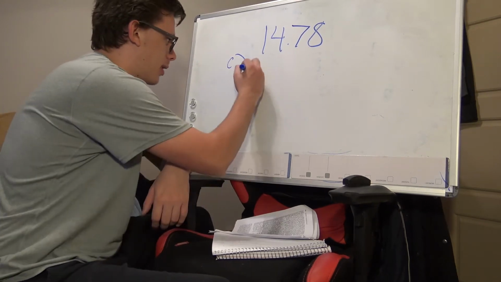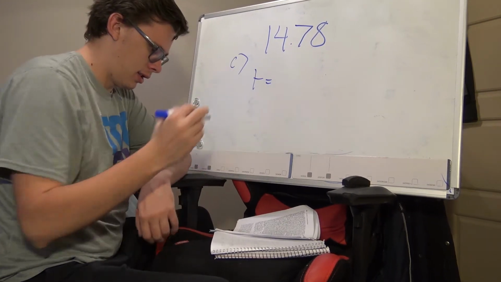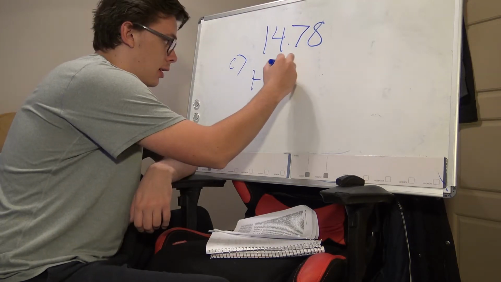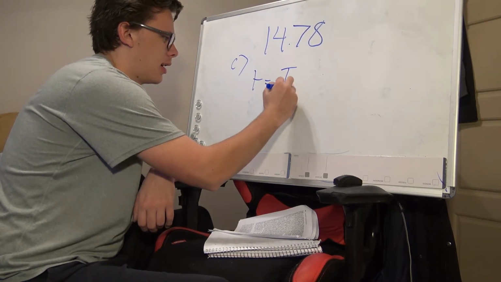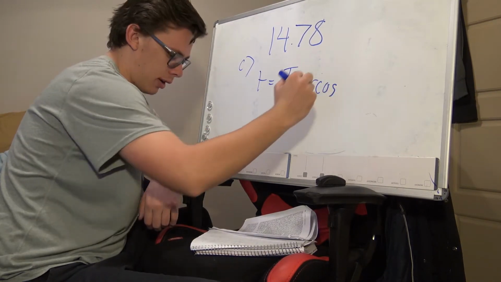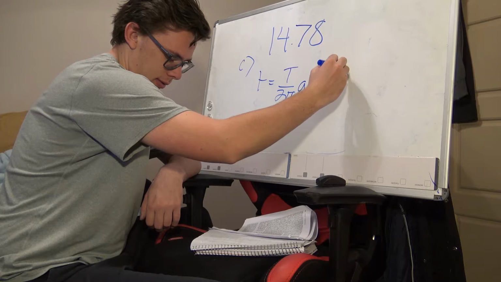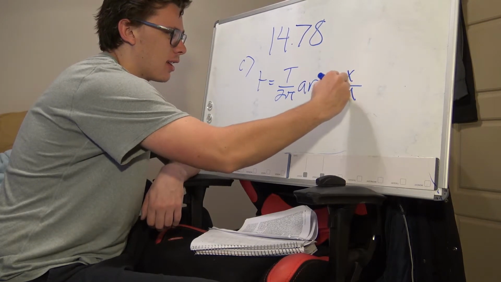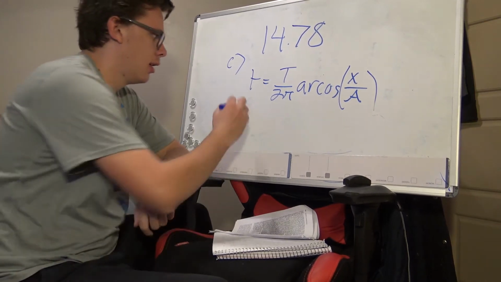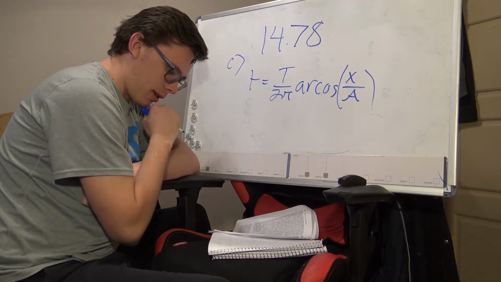So we're just going to use the formula t equals T divided by 2 pi arc cosine of x divided by A. And then plug in our numbers.